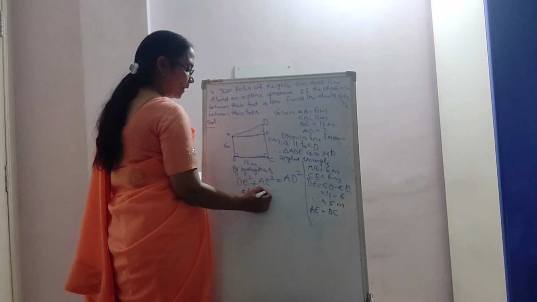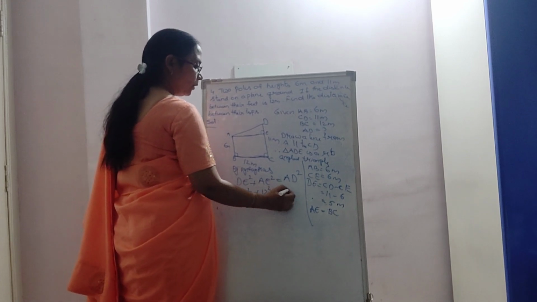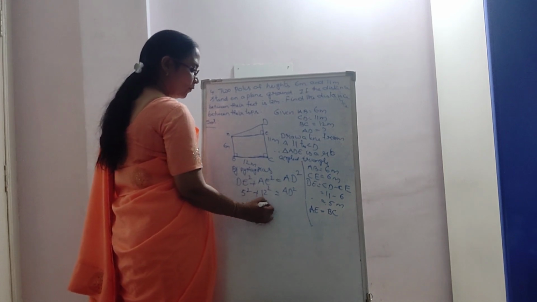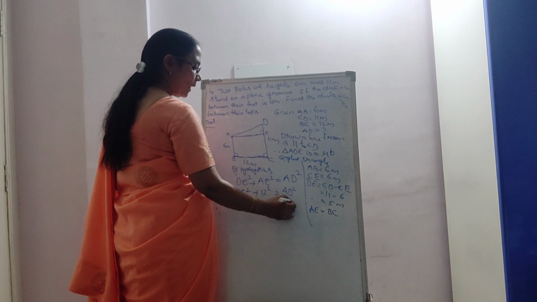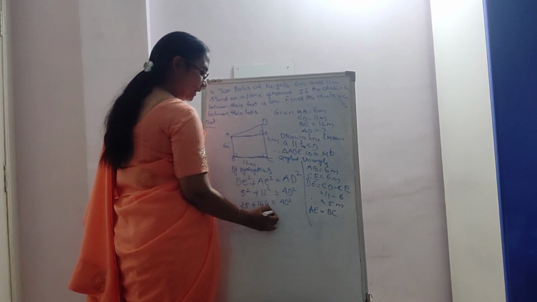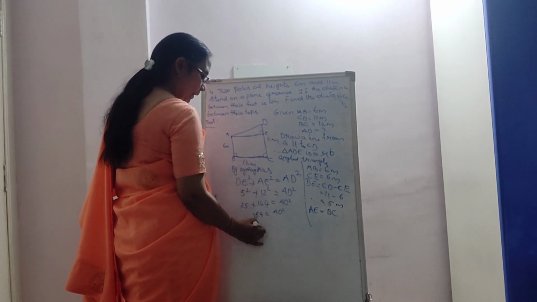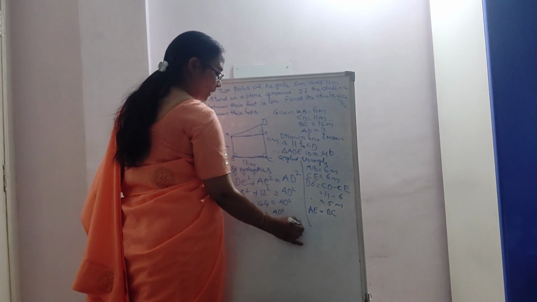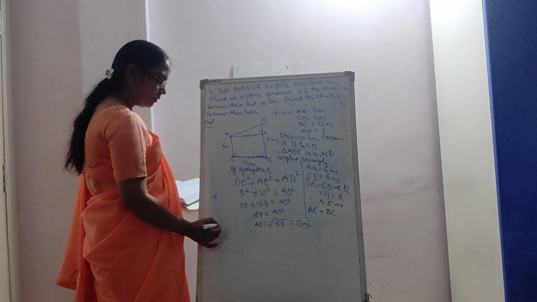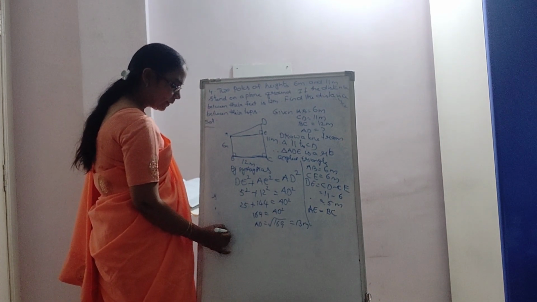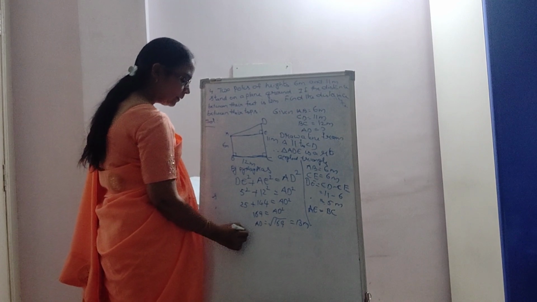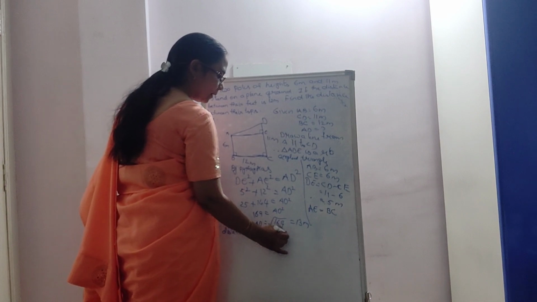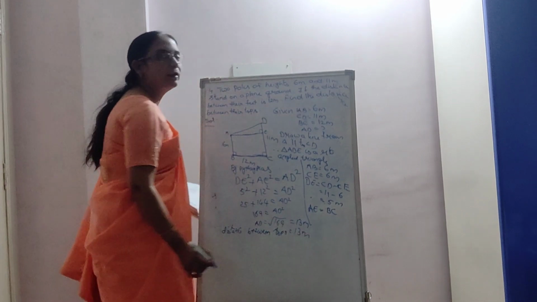So 5 square plus 12 square is equal to AD square. 25 plus 144 is equal to AD square. 169 is equal to AD square. Now AD is equal to square root of 169, which is 13 meters. Therefore, we can write distance between tops is 13 meters.